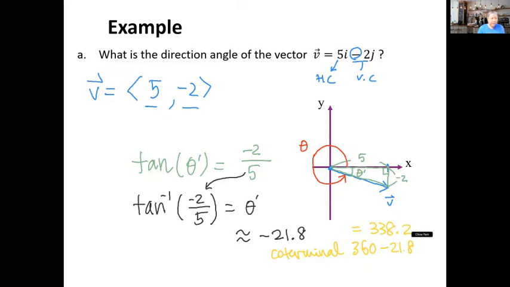So in this problem, some answer choices will give you directly -21.8, or you might see positive 338.2. Either way, you have to carefully examine your answer choices for multiple choice problems. The answer is either one or the other, right?